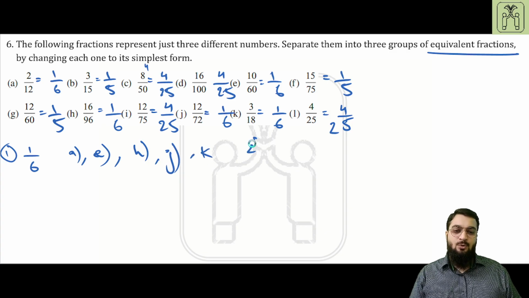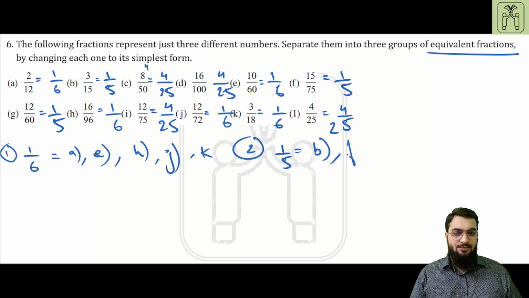Coming to group 2, that will be 1 upon 5, and that will have B, then F, then G, then none.